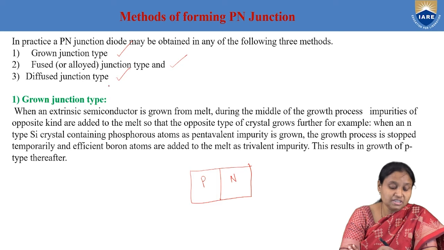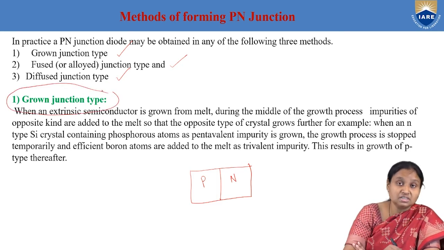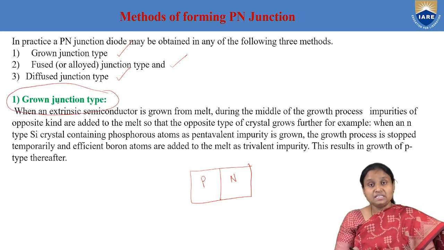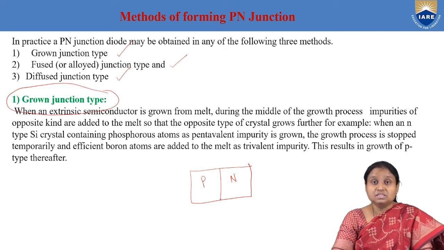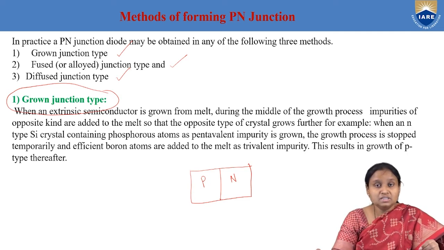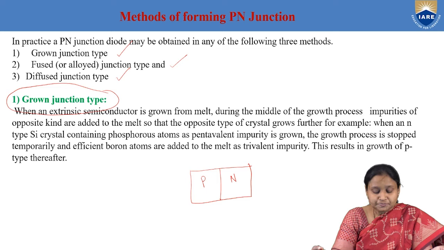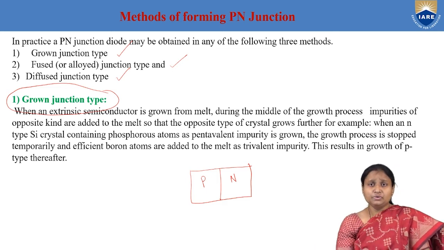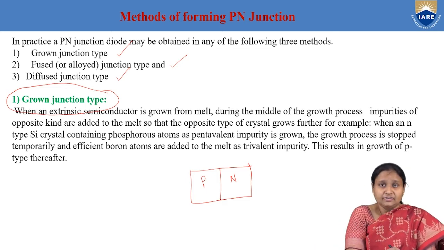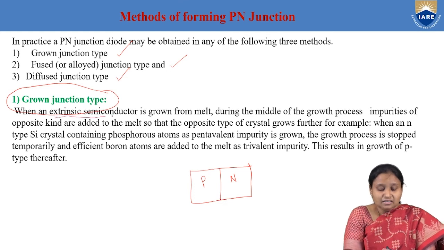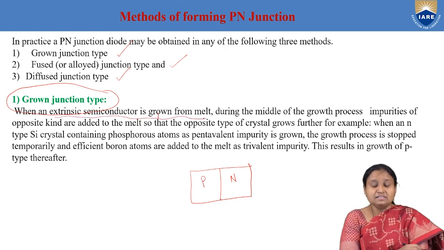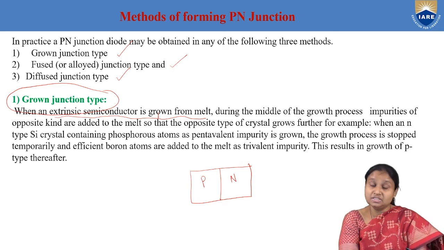Now we are going to discuss the first method. What is the first method? The first method is the grown junction type. From the name itself we can make out what it is. The grown junction type is where we form the p-n junction during growth of the crystal. Here, the p-type and n-type layers in the p-n junction are formed from a melt.